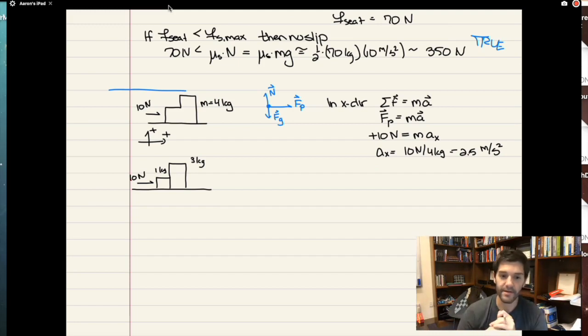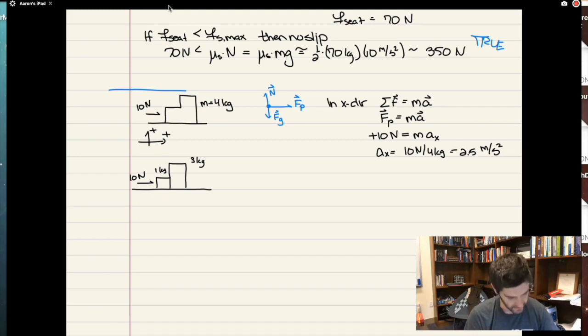Suppose it is now revealed that this Tetris block is actually 2 blocks taped together, so that it's actually one little block that's 1 kilogram and then a bigger block that's 3 kilograms. Now what's going on? Well, in this case, now we have 2 systems.